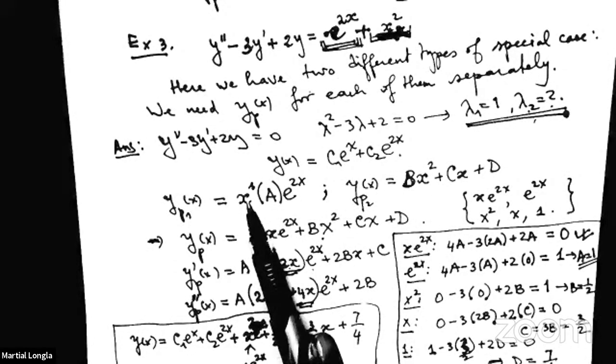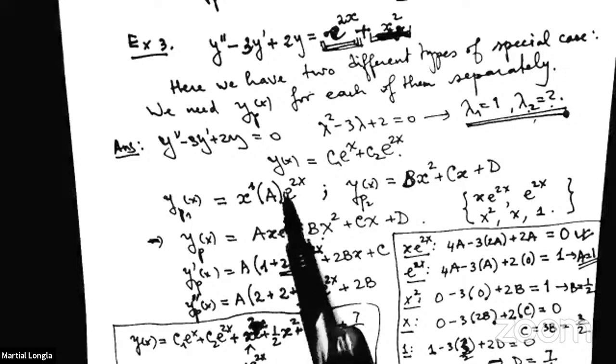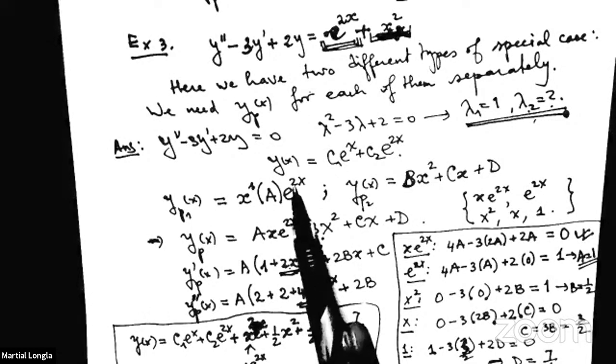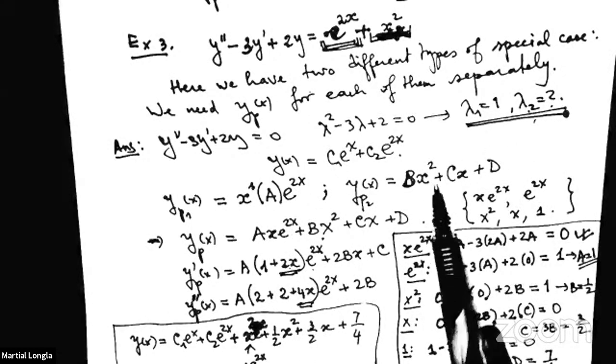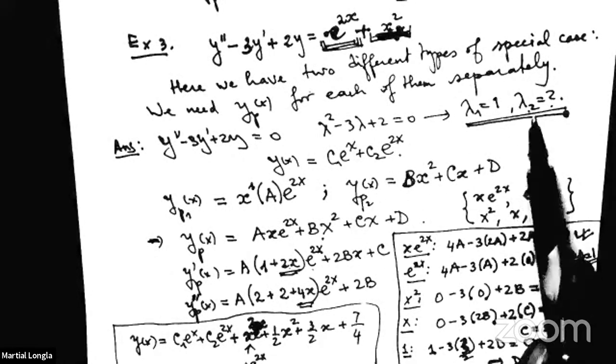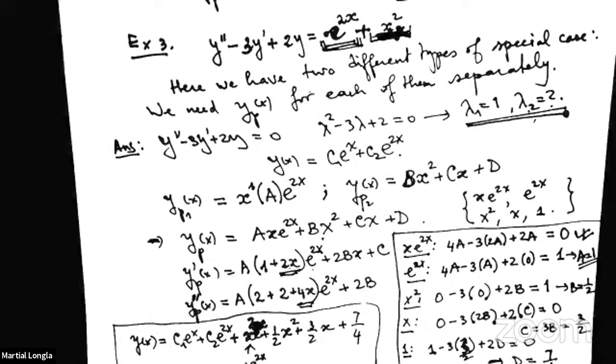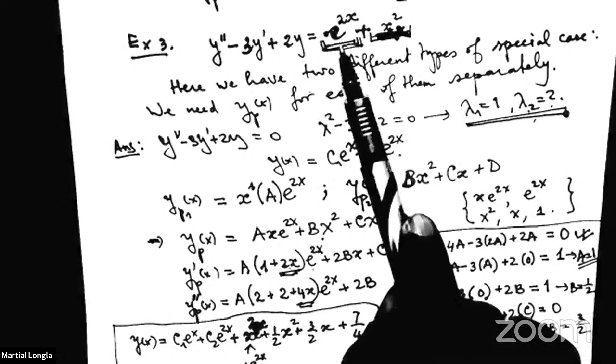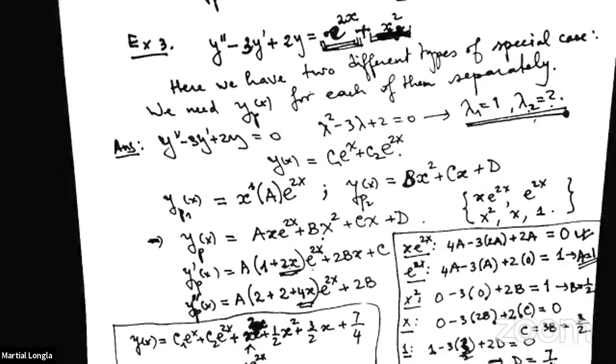Notice that here we had to multiply by x to the power 1 because 2 was a root of e to the 2x, but the second one didn't have to be multiplied by x because lambda equals 0 is not a solution here. So you don't have to multiply everything by x just because one of them is a solution of the homogeneous problem. You follow the rules. Look at each of them separately. For this case, we needed to. For that one, we didn't need to. Any questions?